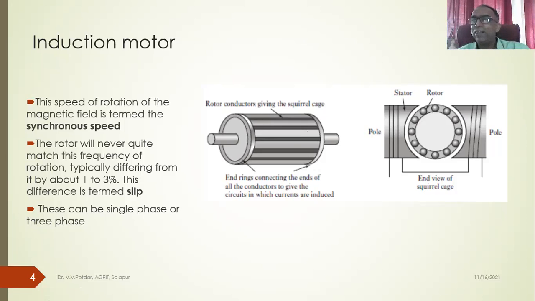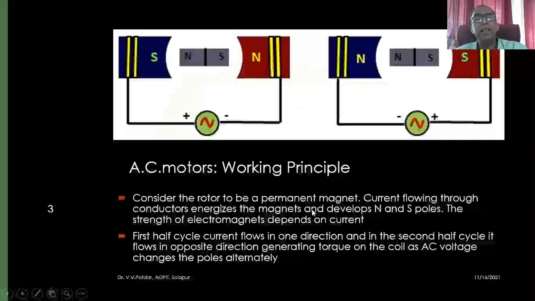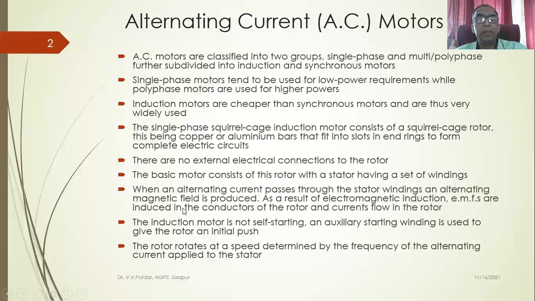Then what happens? When it cuts the magnetic field, an EMF is generated in each of the conductors. The EMF is set up because of the rotating magnetic field set up by the stator, and the current starts flowing through each of the conductors, right? And because of that, it develops a back EMF, a rotating torque develops, and the motor starts rotating, which we already saw in the initial stage. When the alternating current passes through the stator winding, an alternating magnetic field is produced.